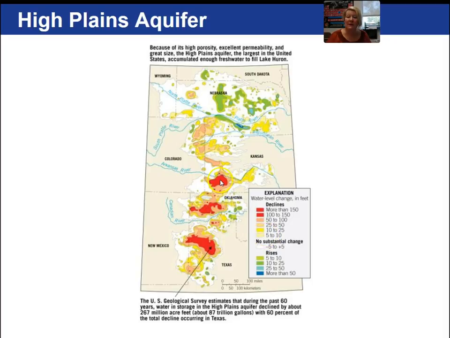So you can see that in parts of Kansas, the Panhandle of Oklahoma and Texas, water is being extracted at an extremely high rate, and eventually they are not going to be able to use this aquifer anymore for irrigation purposes. One other note about this slide, this is a decline in water level over the past 60 years.